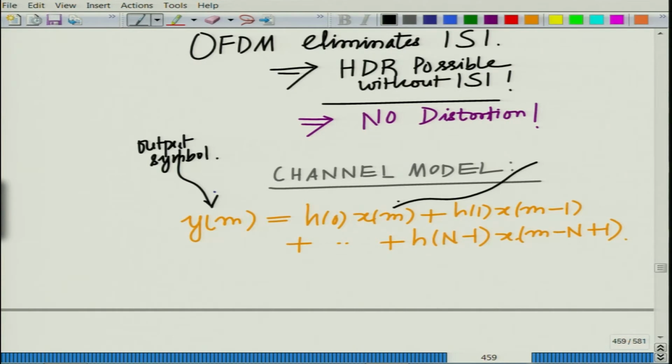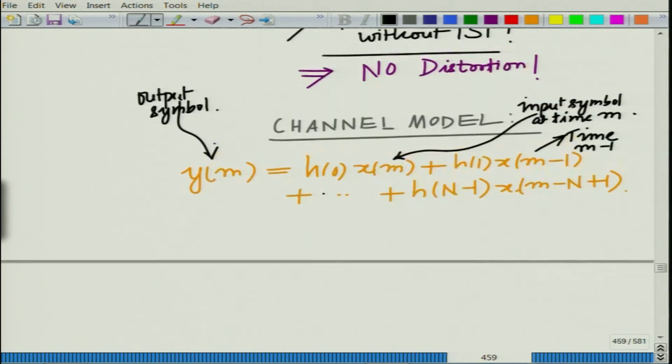Now, this x m is the input symbol at time m. Similarly, x m minus 1 is the input symbol at time m minus 1, and so on, and these quantities h 0, h 1, so on, h n minus 1, these are the channel taps.